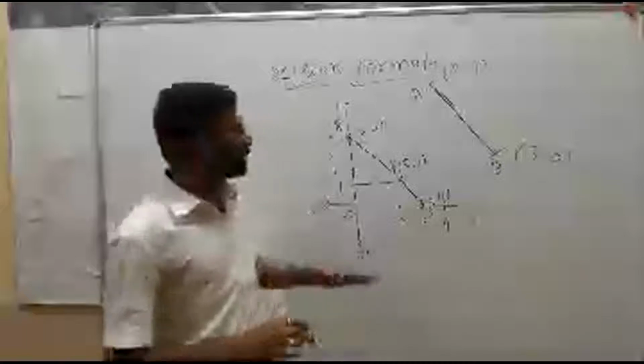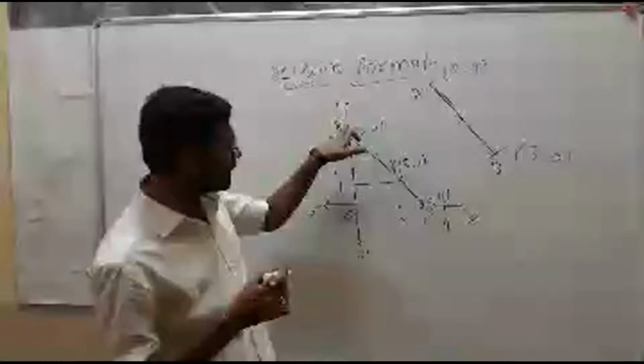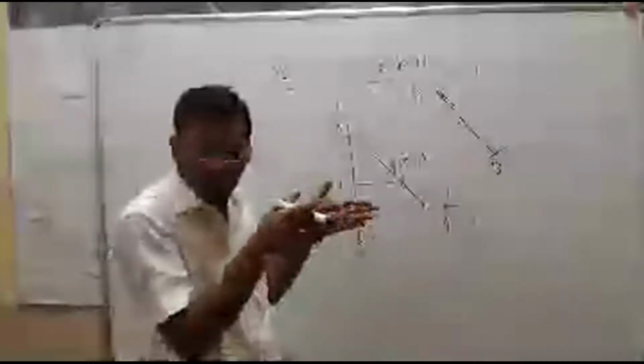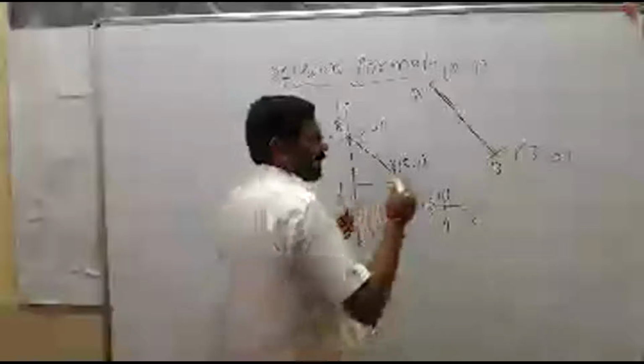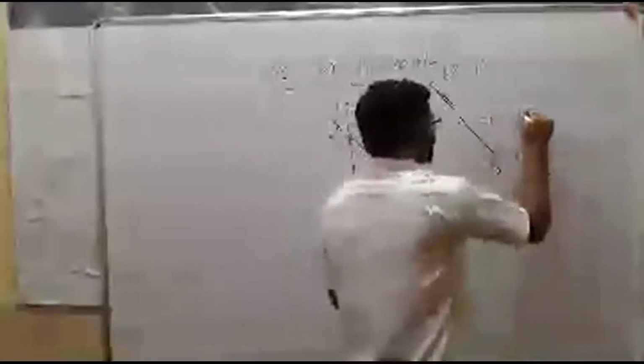Now AB is a straight line. We are going to divide, that is split, this straight line. The point P is in between A and B, and the coordinates of P are 2, 1.